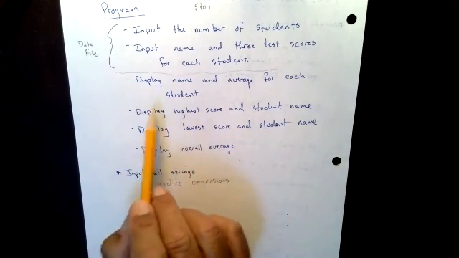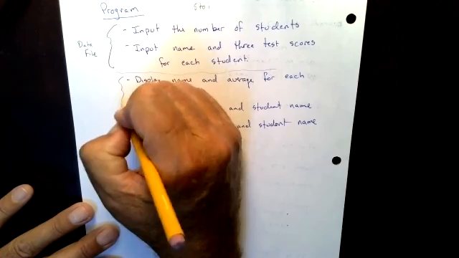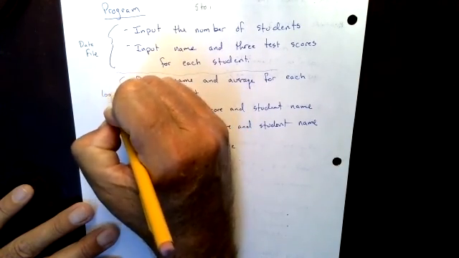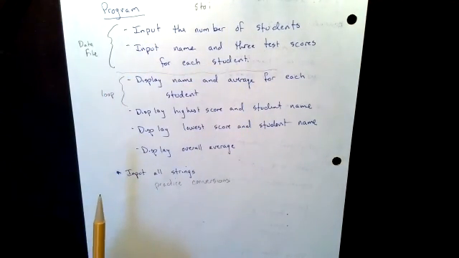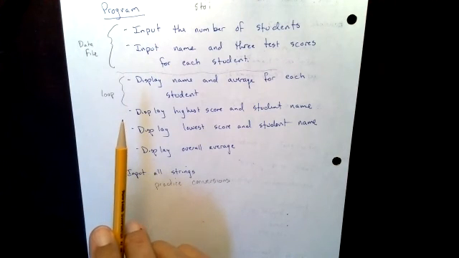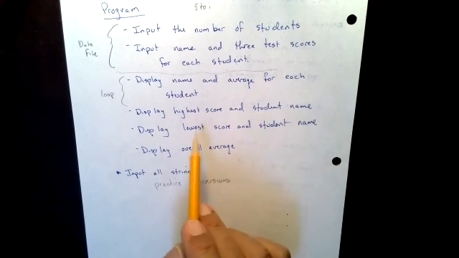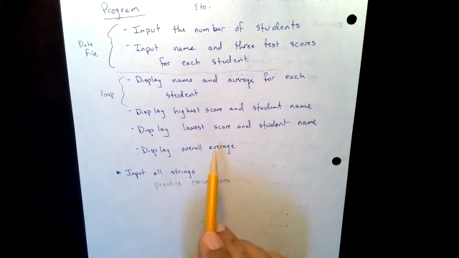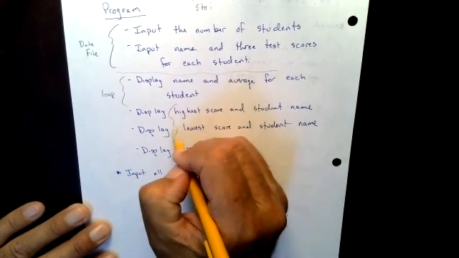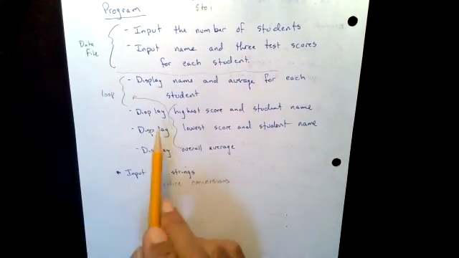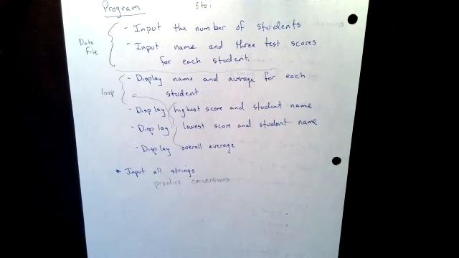So this first guy in my notes, he's going to be inside the loop. As I'm reading things in, he's going to be inside the loop. Finding the highest score and the name, the lowest score and the name, and doing the stuff for the average is also going to be in the loop. And then when I come out of the loop, I'm going to display everything.